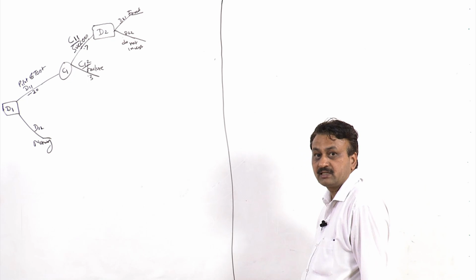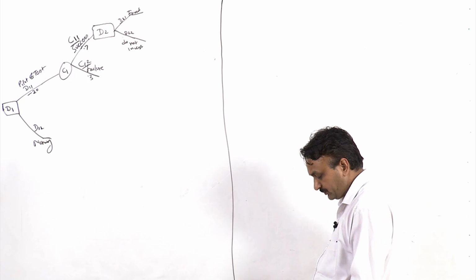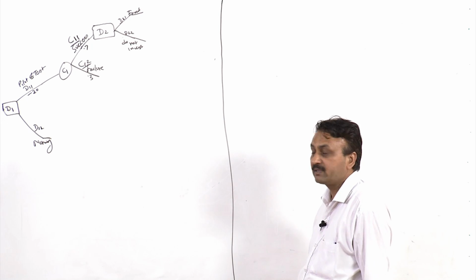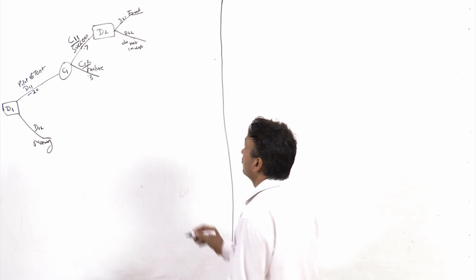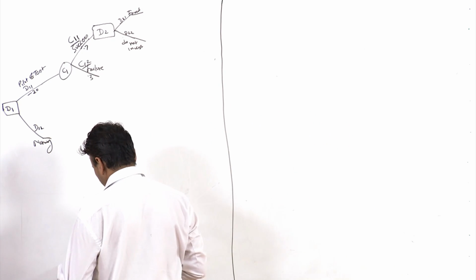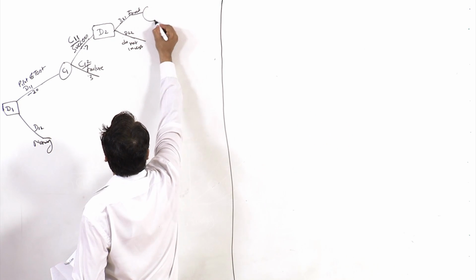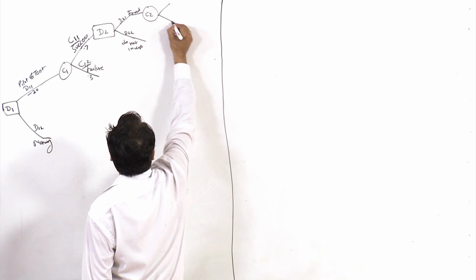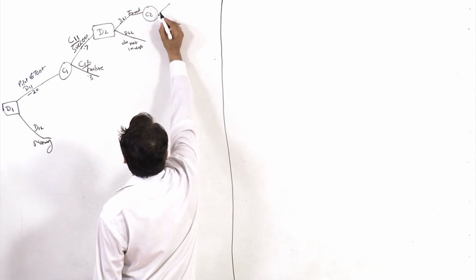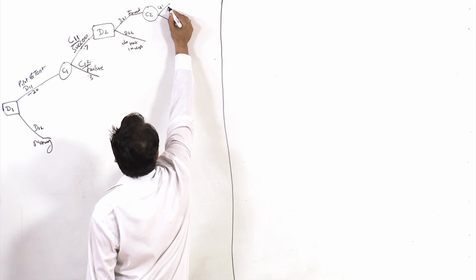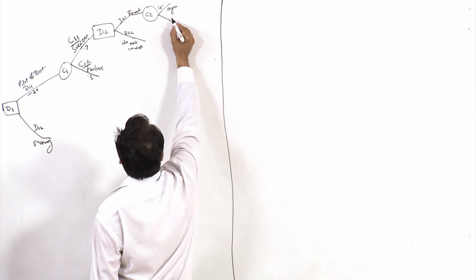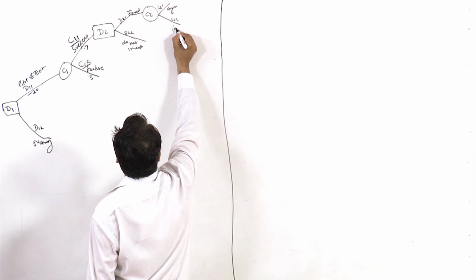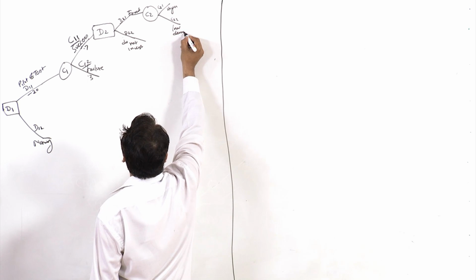If you invest, then there are again two options, whether the demand is high or demand is low, right. So this is C21, high demand, and this is C22, low demand, right.